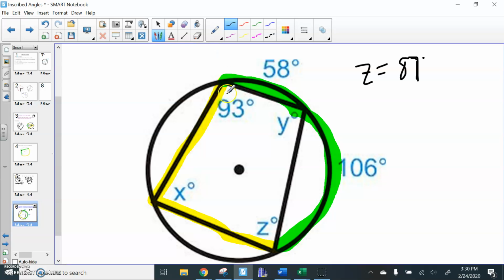So that means this whole arc, 58 plus 106, is 164 degrees. So from here all the way to here is 164 degrees. Now remember, at the beginning, I told you that inscribed angles are half the measure of the arc. Well, if the arc is 164, then that means x has to equal 82 degrees.